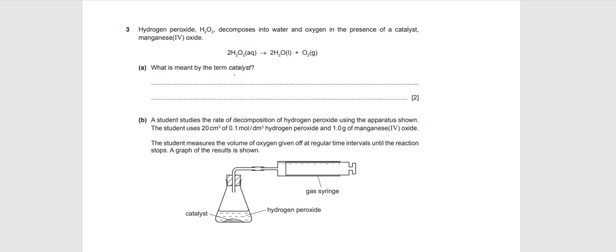All right. So the first question is, what is a catalyst? Okay, this one I will tell you the answer because this one the answer is very specific. Okay, what is a catalyst? Okay, so a substance that increases the rate of reaction by lowering the activation energy.